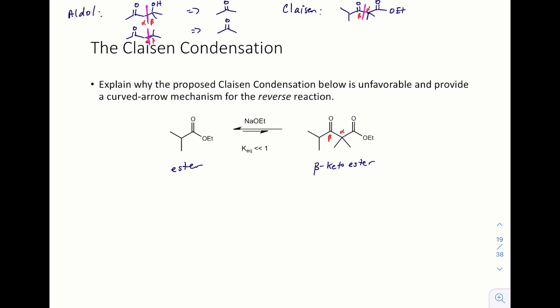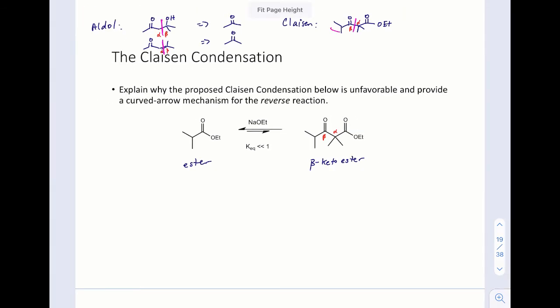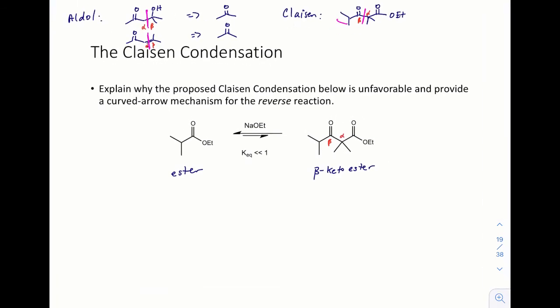The tricky part is, though, that the beta carbon, the one that came from the neutral carbonyl compound in the Claisen, would have a leaving group on it, right? So it had some alkoxy group that left. So what we would imagine happening here in that Claisen is that this enolate attacked a neutral compound of itself.